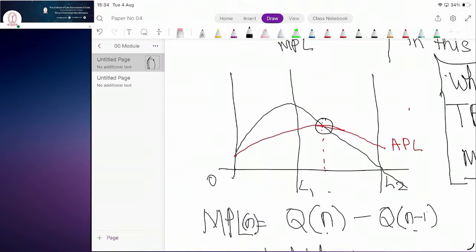We can derive these things mathematically, but let me check if there are any more questions on this.